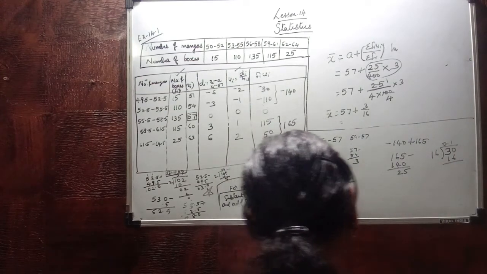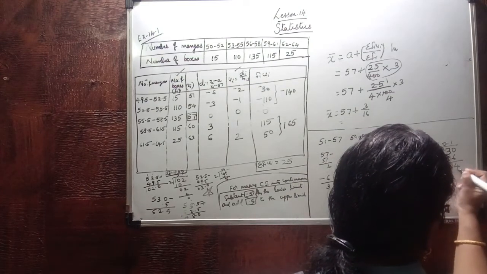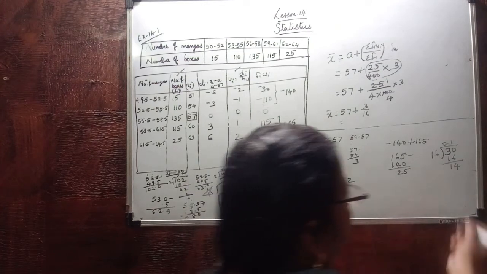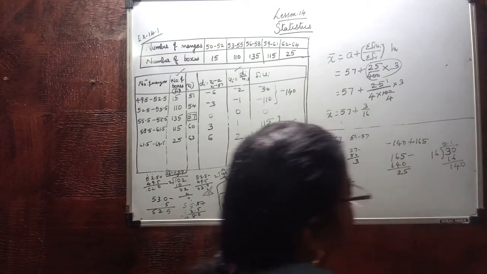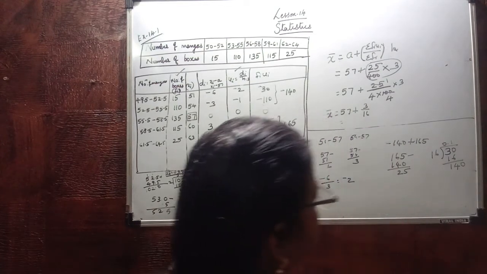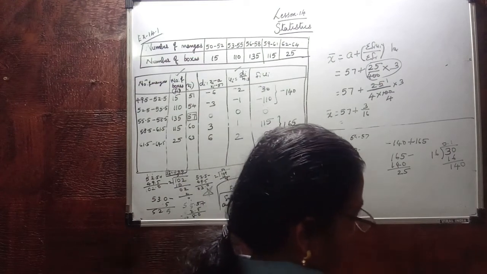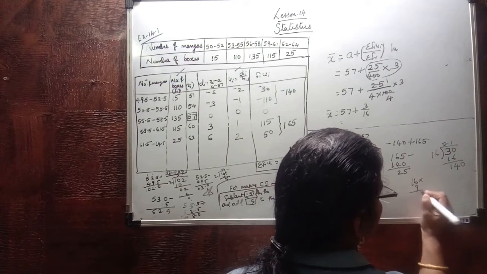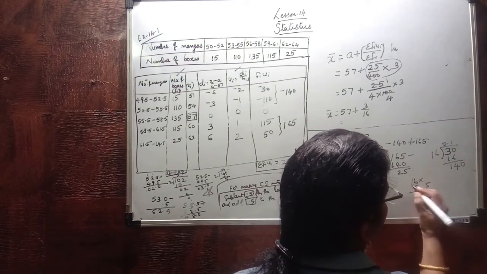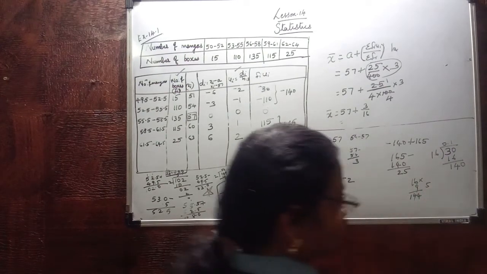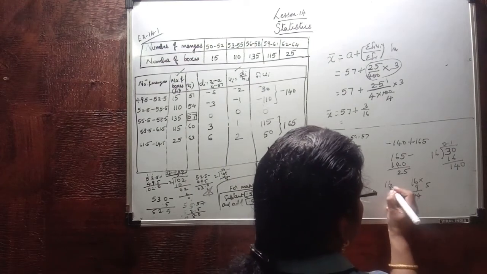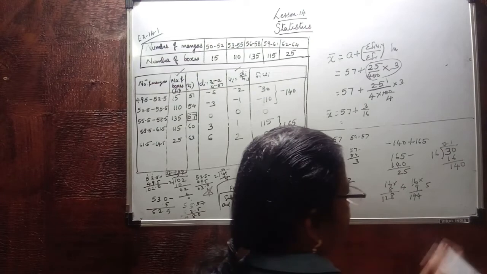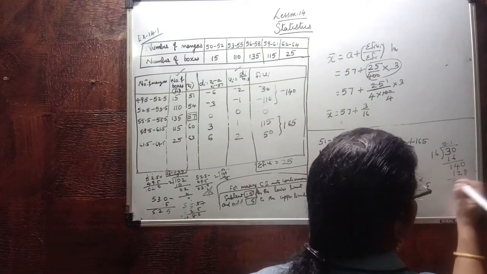So it will be 14. So next is 0, 140. 16 into 10 is 160. 16 into 9 means it will be 144. So it won't be worked out. 16 into 8, 128. So 128.